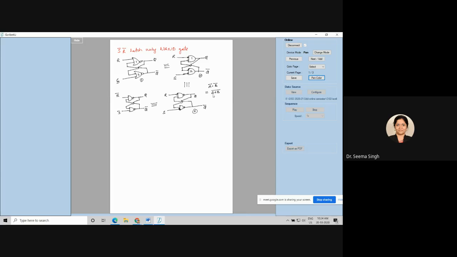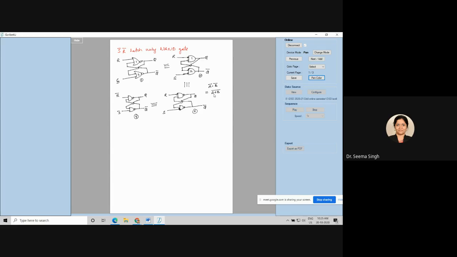So circuit number 1 is equal to circuit number 2, equal to circuit number 3, equal to circuit number 4. And suddenly the circuit has changed from the RS NOR latch to the R bar S bar NAND latch. Can you see? Suddenly things have changed.